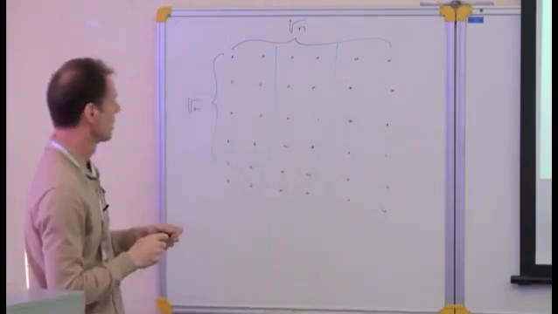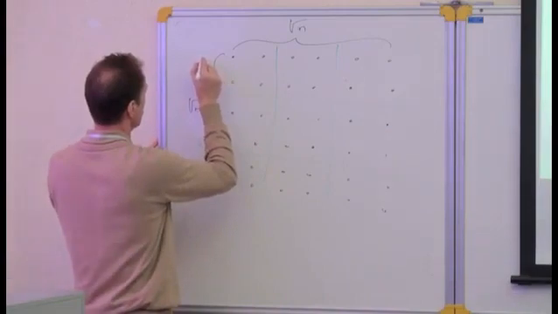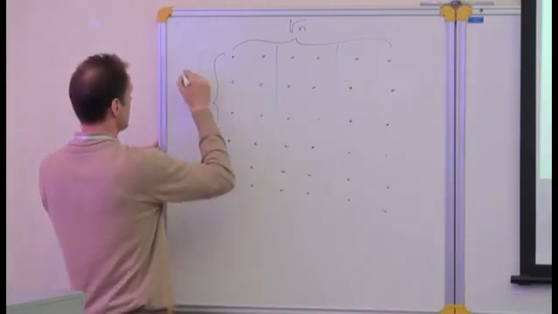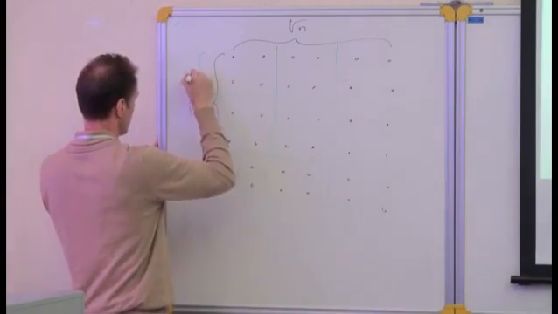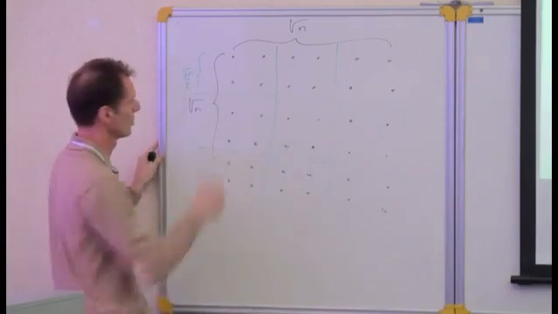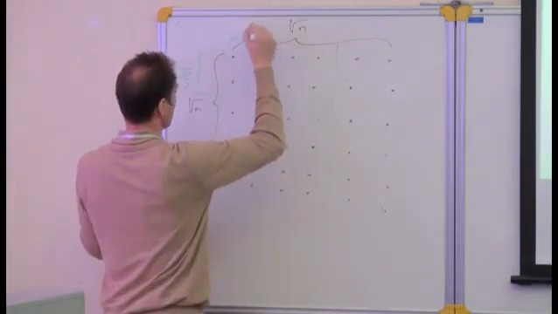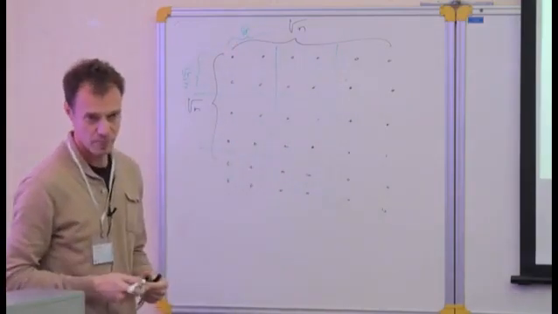Let's say here I have, I don't know, roughly square root of R divided by 2 rows, and here I have maybe square root of R rows.